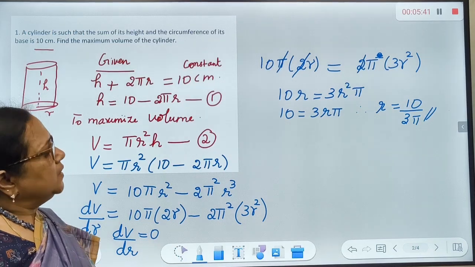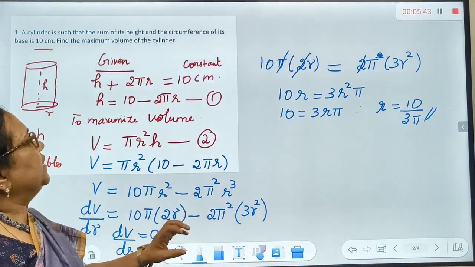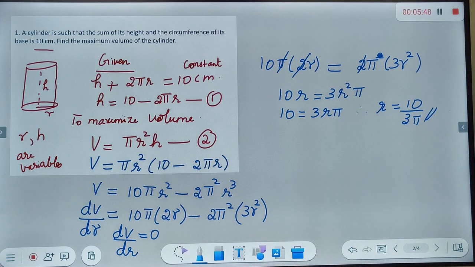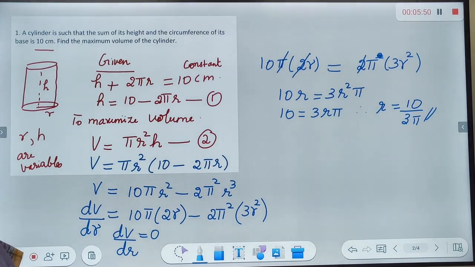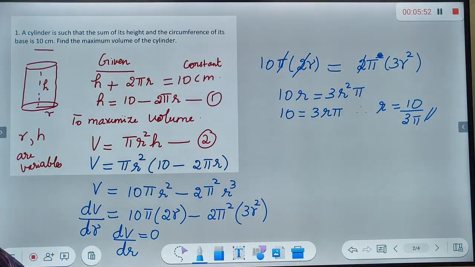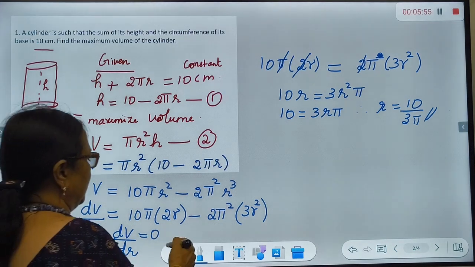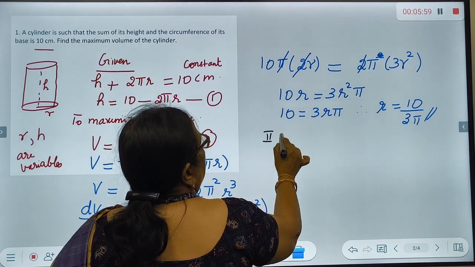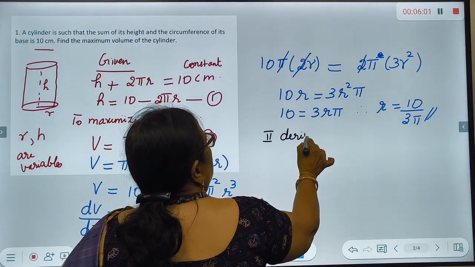So the claim is, if the volume is maximum, it has to happen only at r equal to 10 by 3 pi. But are we right? How do we verify? We have to find the second derivative. So let us calculate the second derivative.